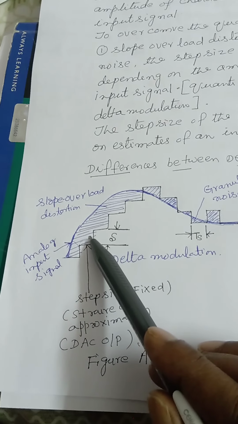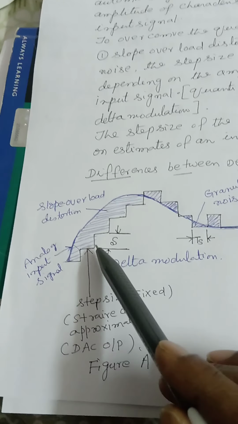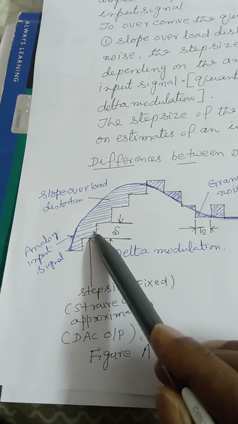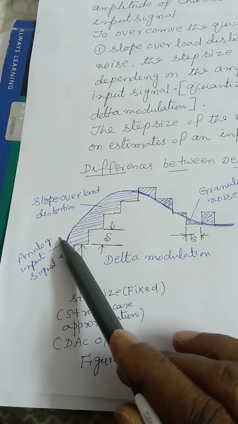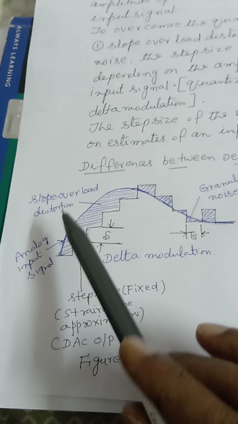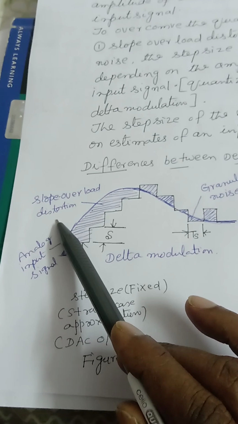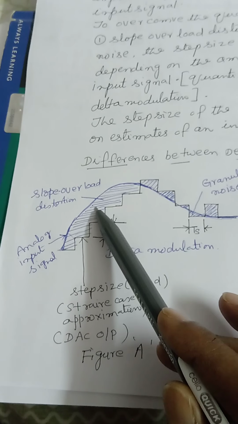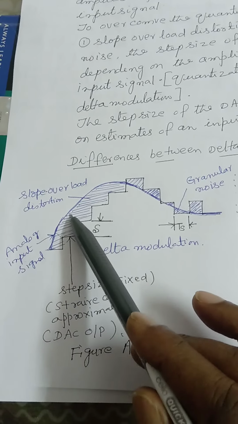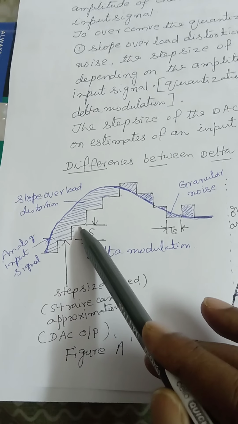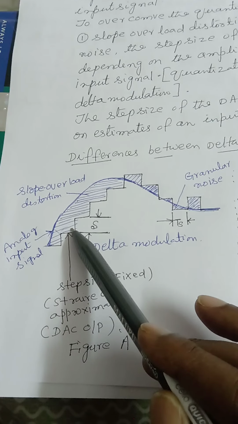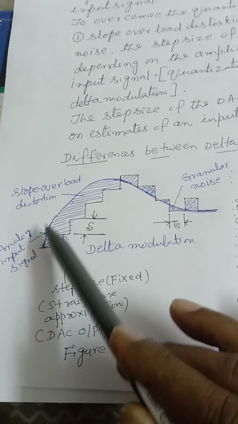You observe a huge difference between the step size of the digital to analog converter and the analog input signal. Therefore, slope overload distortion occurs. Do you understand what I mean? Slope overload distortion occurs in delta modulation because of the huge difference between the step size of the DAC and the input analog signal.